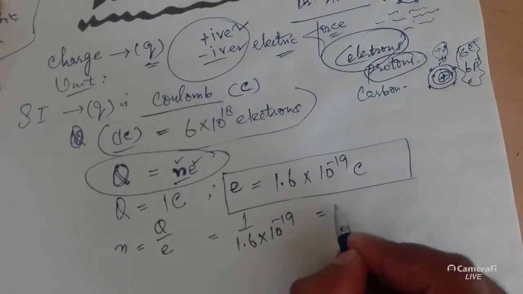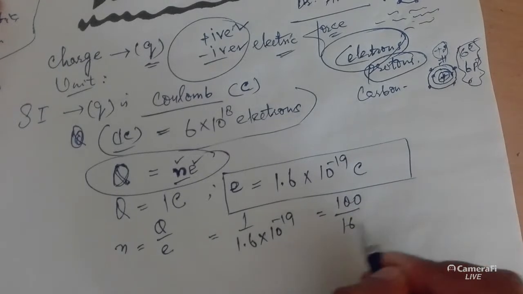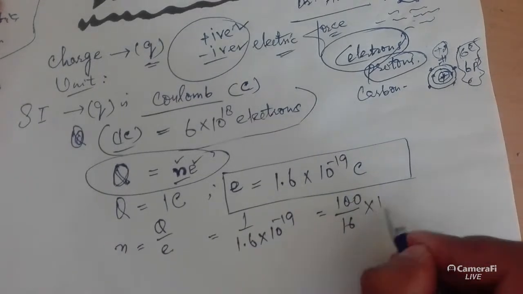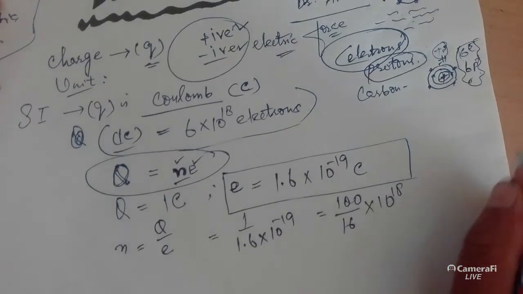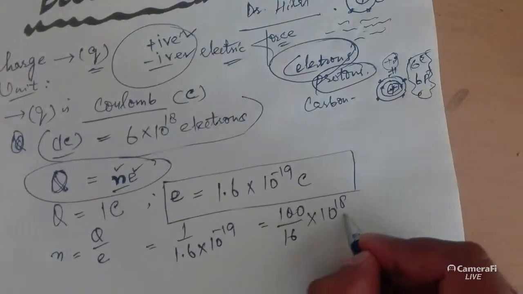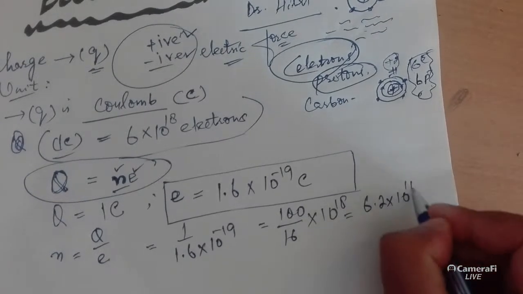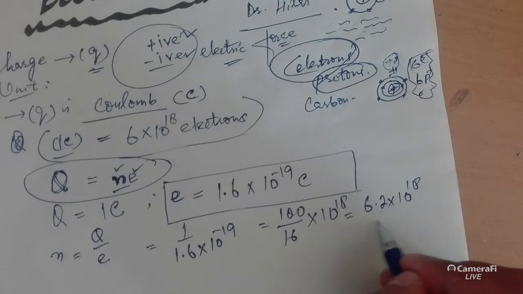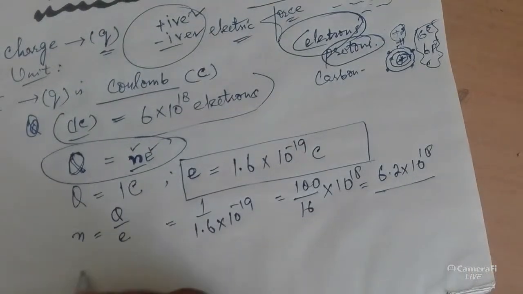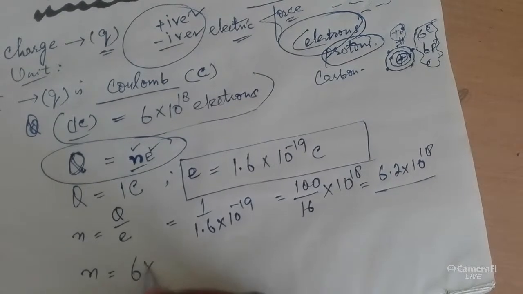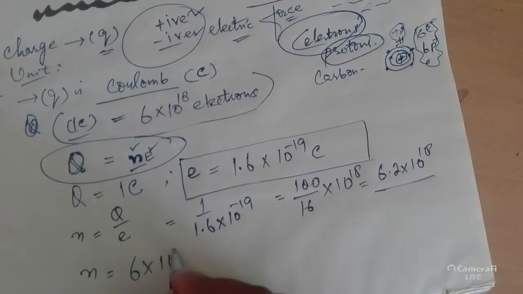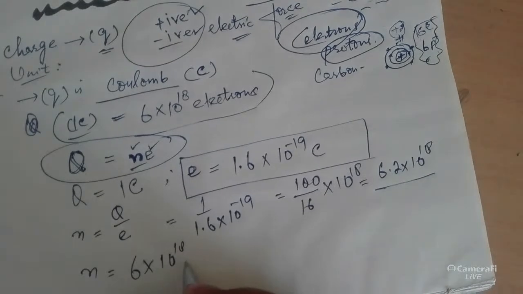We can write this as 100 by 16 into 10 to the power 18, which we can denote as 6.2 into 10 to the power 18. So finally, the number of electrons in one coulomb of charge is about 6 into 10 to the power 18 electrons.